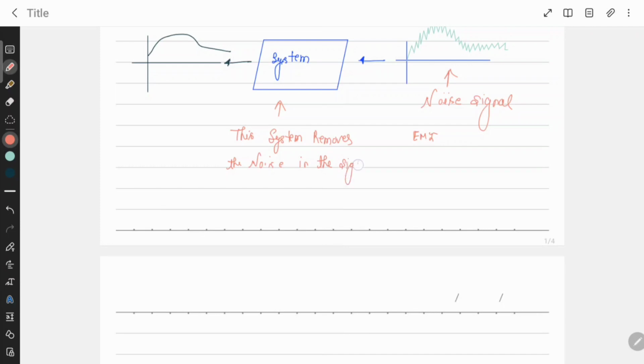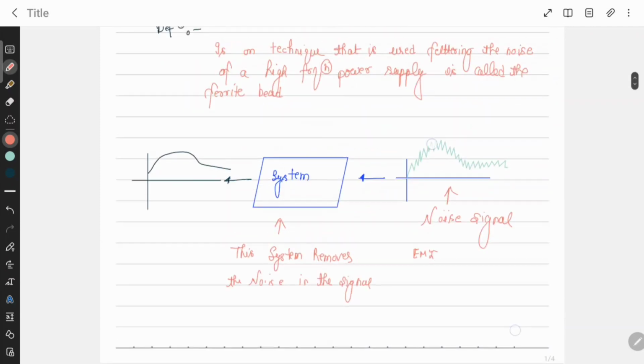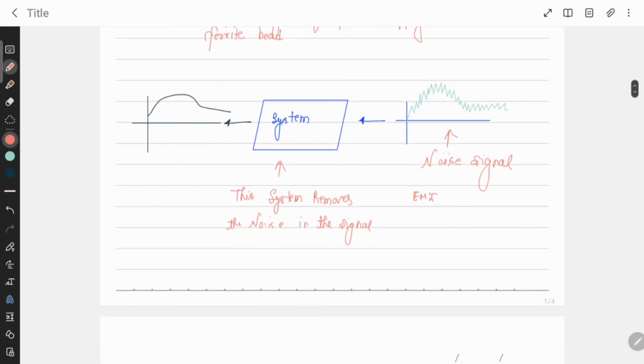Here is the noisy signal, and here is the signal without noise. It means we have a system that passes low frequencies. Basically the Ferrite Bead is acting as a low pass filter.